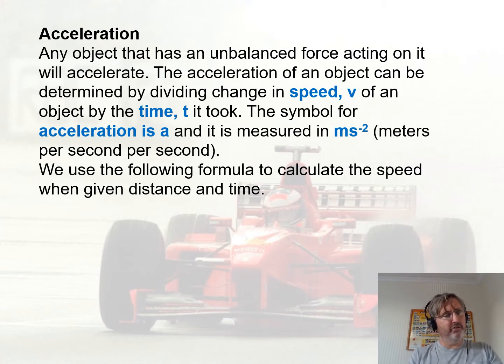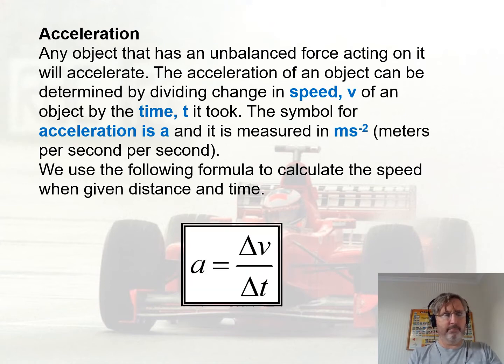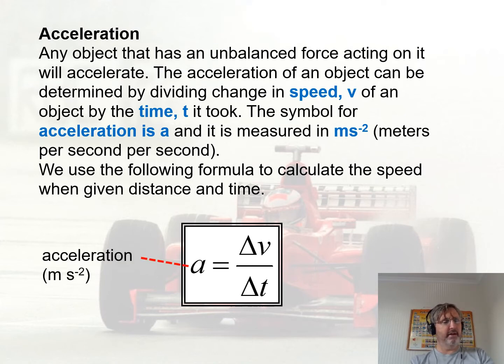Now we have an equation to work out acceleration. This is it. Acceleration is equal to that delta symbol again, change in speed over change in time. The unit for acceleration is meters per second squared, because an object is changing its velocity, its meters per second, every second.